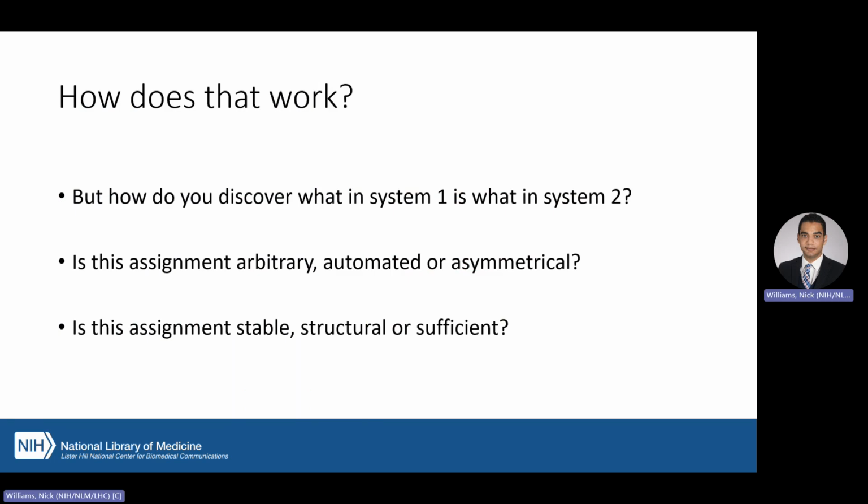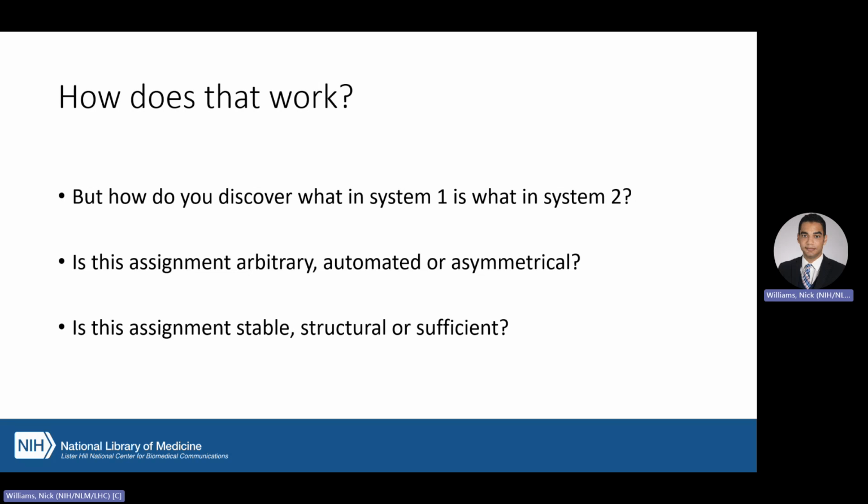So how does this work? How do you discover what in system number 1 is what in system number 2? Now, we've touched on a large volume of candidates and trying to get through them in some sort of quick manner. But before we get started mapping candidates, it's important to think about kinds of assignment. Is the assignment of candidate 1 to candidate 2 arbitrary?